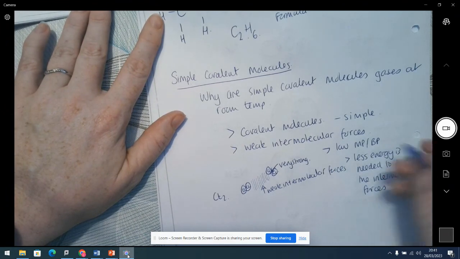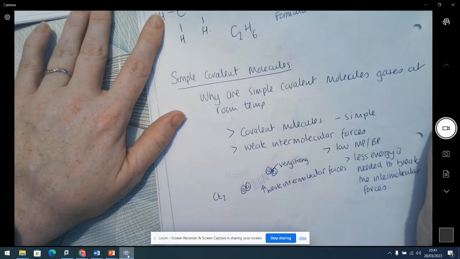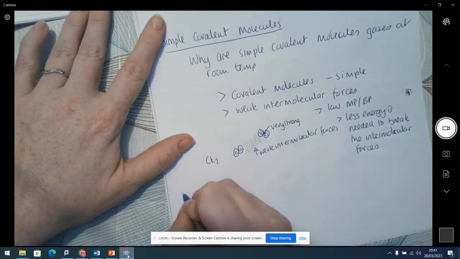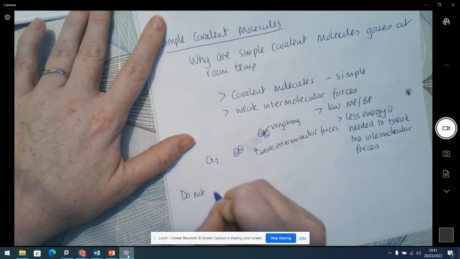And so as a result, they can part quite easily, and that is why simple covalent molecules are generally gases at room temperature. Okay? They do not conduct electricity.